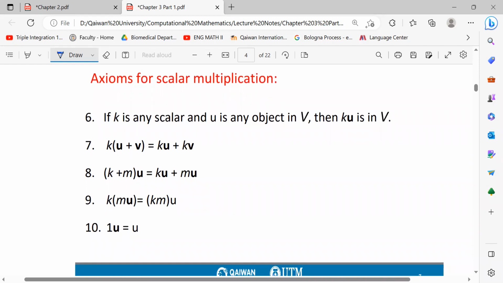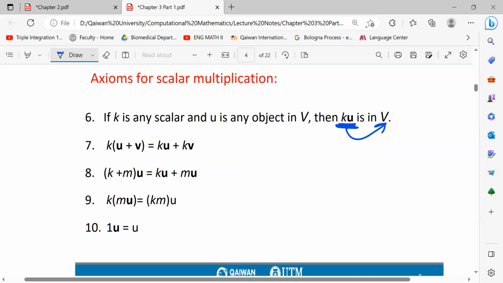Then for the sixth condition or axiom, we say if K is any real number, and if we multiply it by U, if U is any vector in V, it must be in V also.